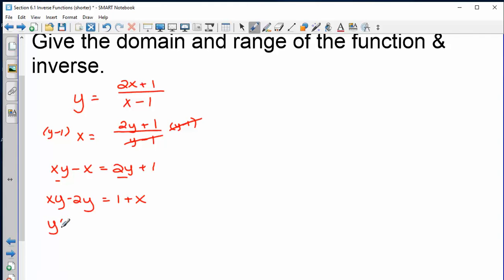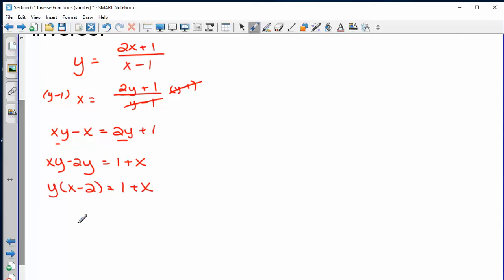Take out that y. Then to get y by itself, we would divide. It's multiplied, so we divide. And final step, instead of y, we write f inverse.